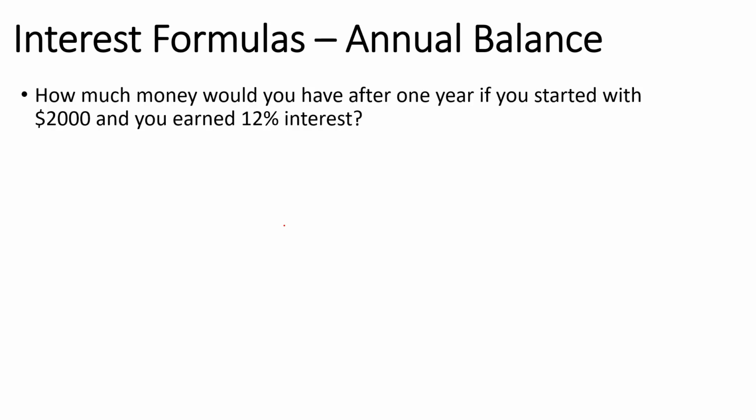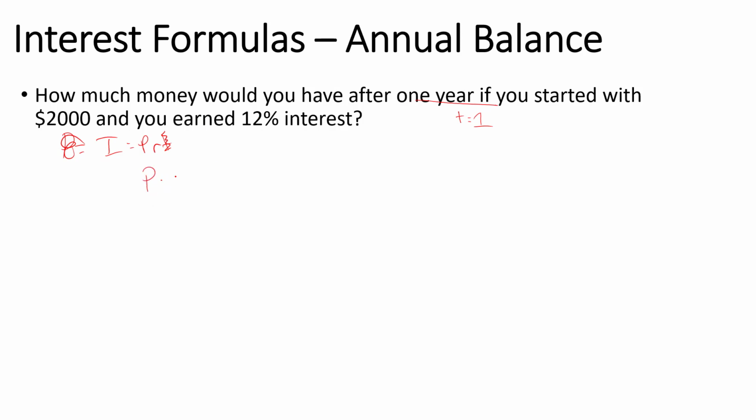So how much would you earn after 1 year if you started with $2,000 and earned 12% interest? Well, we have 1 year that we're looking for, so we know that T is equal to 1. So it's going to simplify out of our equation. I is equal to PRT. If I plug a 1 in for T, it goes away. So we simply need to know the principal times the interest.